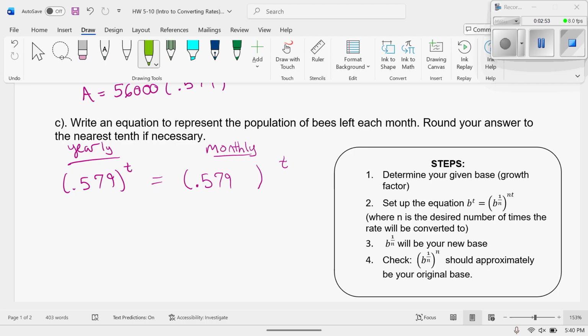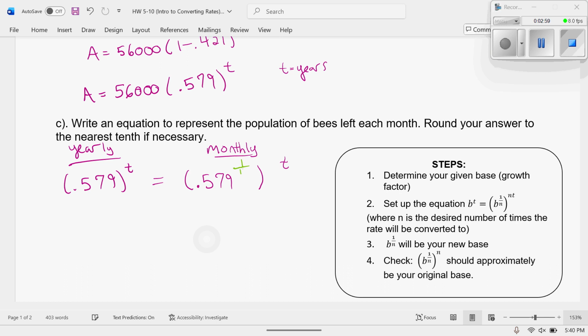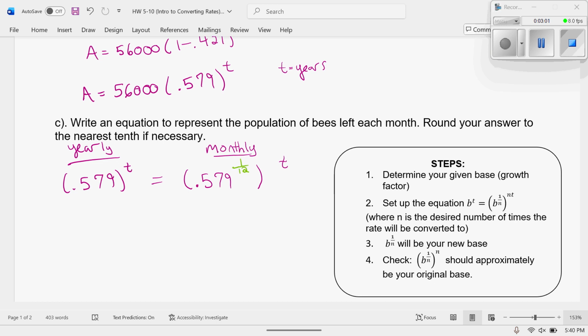In fact, we want 1 out of the 12 months in a year, to go monthly, 1 month at a time. But now they're not equal because I just made an exponent of 1 over 12. So I need to balance that with a 12. I didn't change anything because 1/12 and 12 cancel each other out.